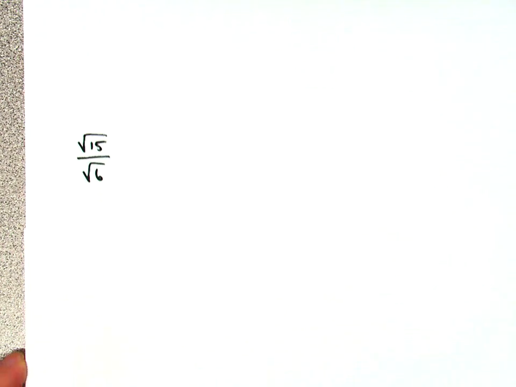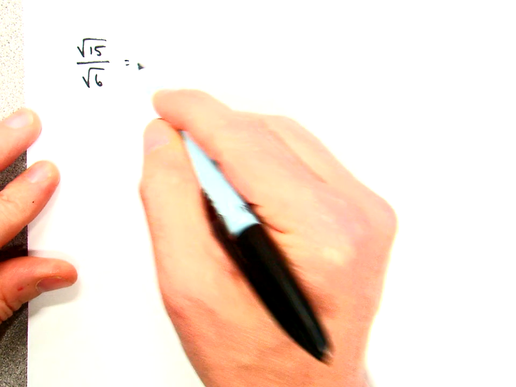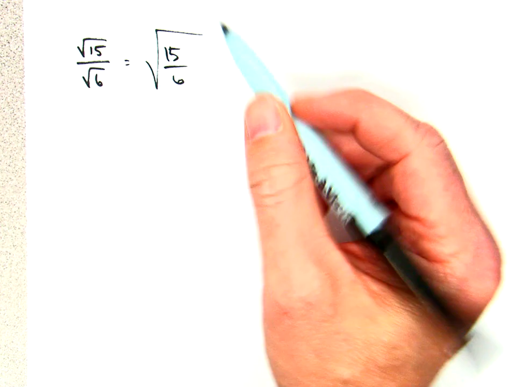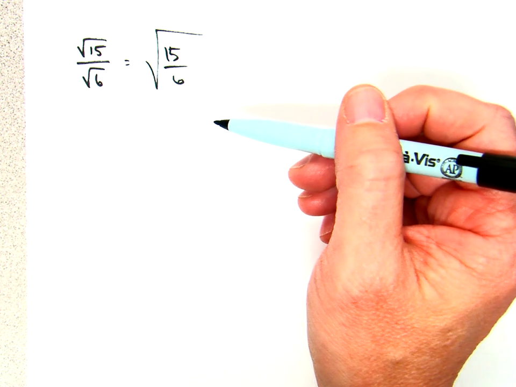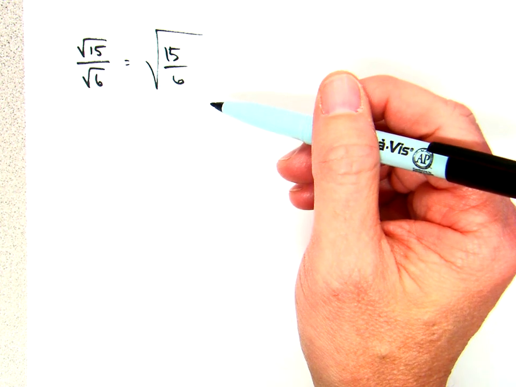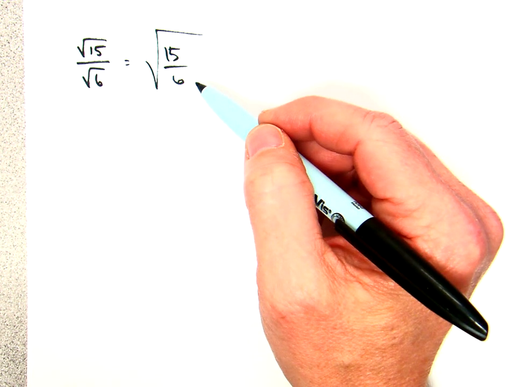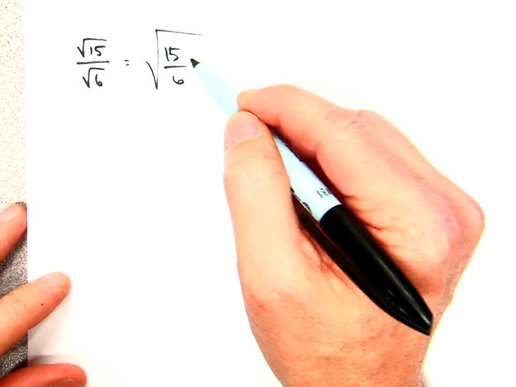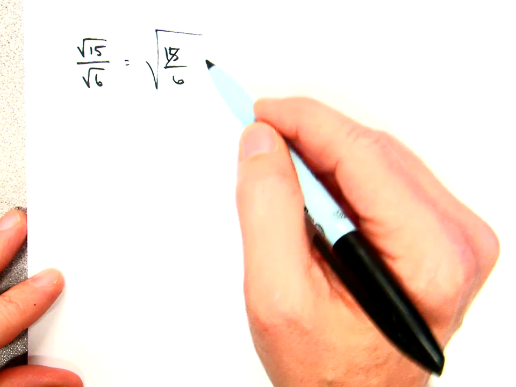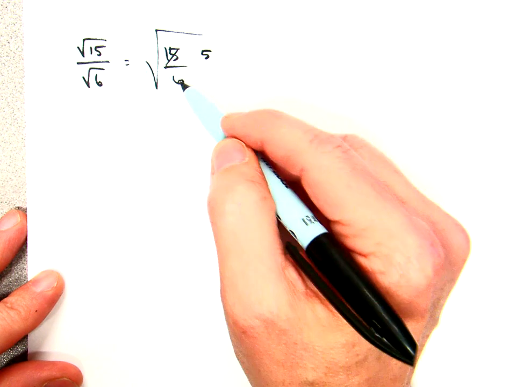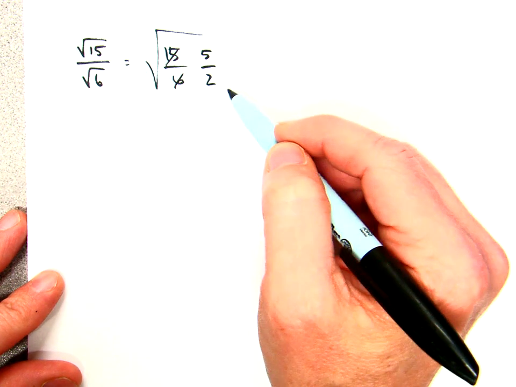Now, there still is a root on the top and the root on the bottom. If we wanted to, we could say this whole thing, 15 over 6, but 6 doesn't divide into 15 evenly, but it can reduce. 15 and 6 both have a common multiple of 3. So this could reduce down to 3 goes into 15 5 times, and 3 goes into 6 2 times.